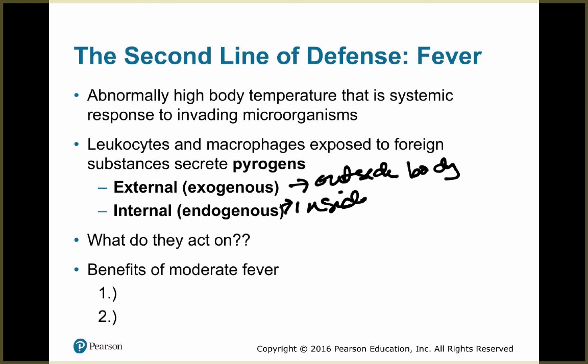An example of an external pyrogen can include a toxin, right? It could be something like poisons produced by infectious viruses or bacteria. Internal pyrogens can include abnormal chemicals. It might be a chemical produced by a tumor or a protein that's released during the normal response of the immune system, right?